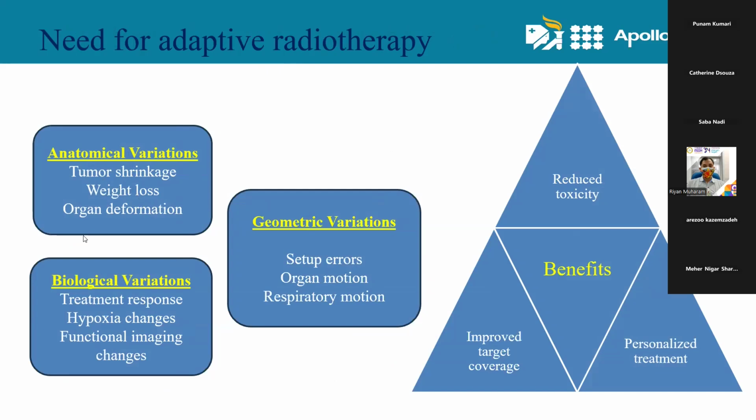And third is biological variation, meaning treatment response, hypoxia changes, and functional imaging changes. Adaptive radiotherapy addresses these changes by modifying the treatment plan according to the patient. That is, it is a personalized treatment plan for the patients.